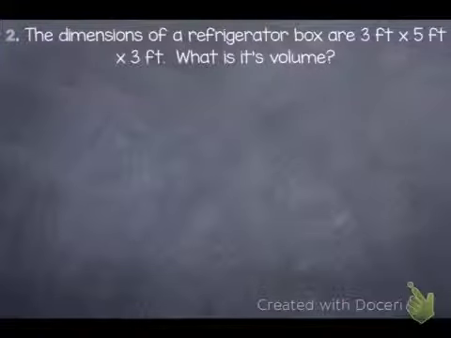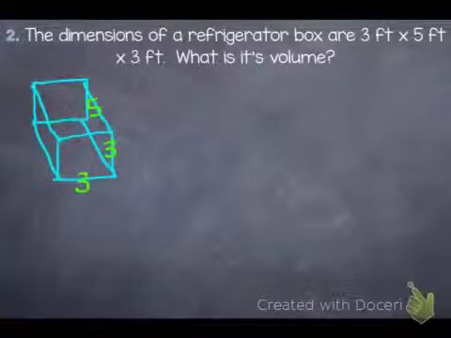Okay, number 2. The dimensions of a refrigerator box are 3 by 5 by 3 feet. What is its volume? So let's start off by getting a picture of our box. There we go. So now to find the volume, we're just going to do length times width times height.